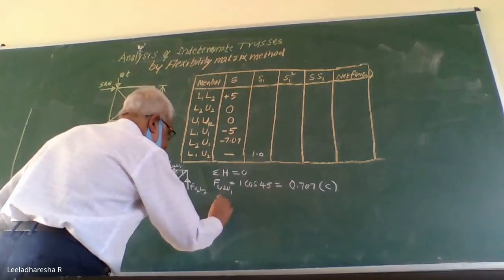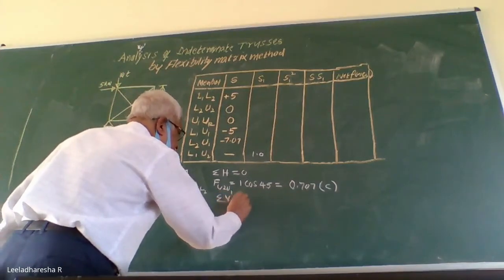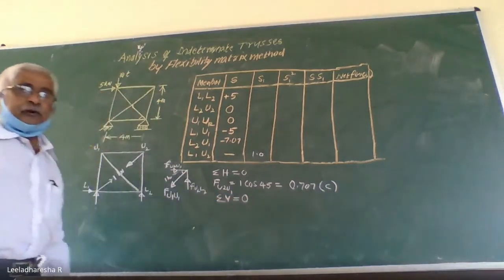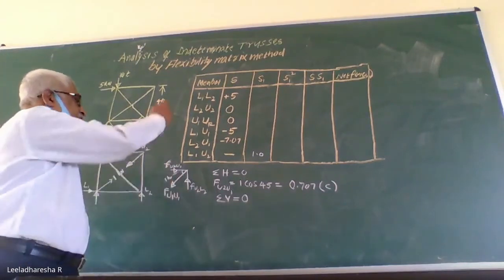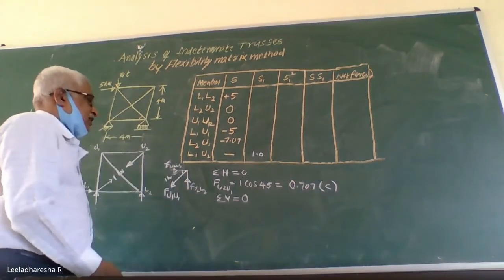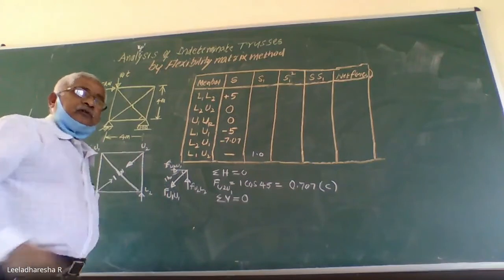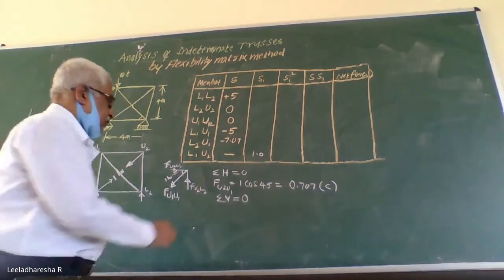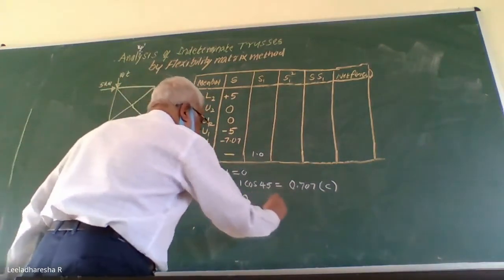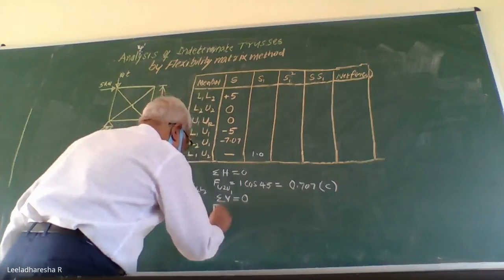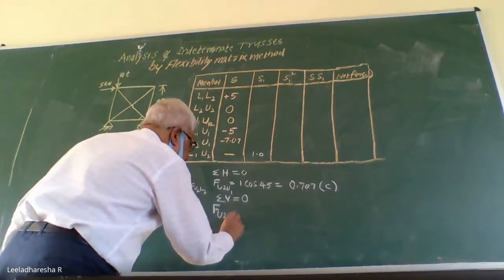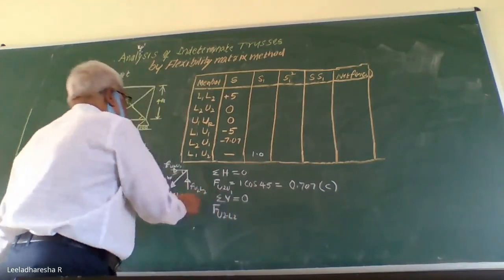Similarly, use other condition of equilibrium, sigma V equal to 0. So resolve all the forces in vertical direction and equate upward forces to downward forces. F U2 L2, it is upward.